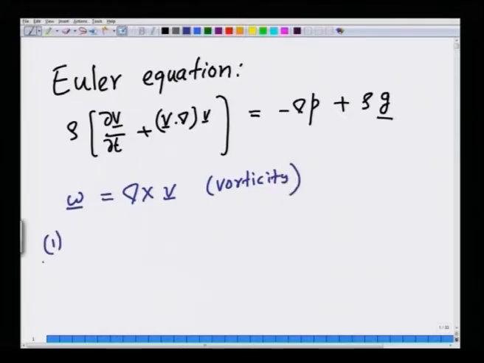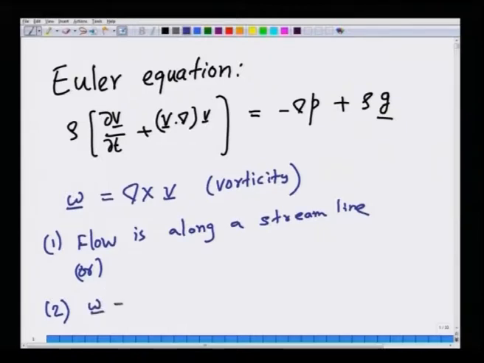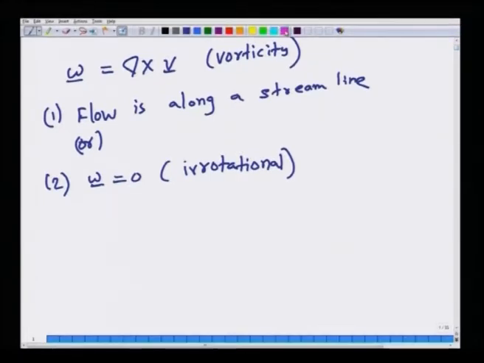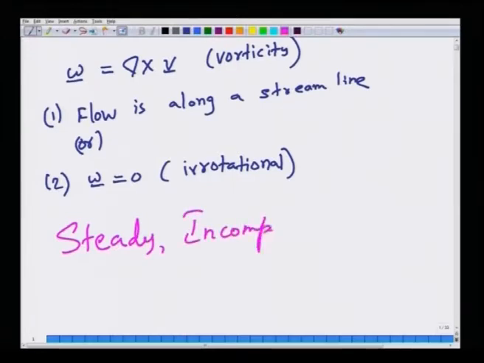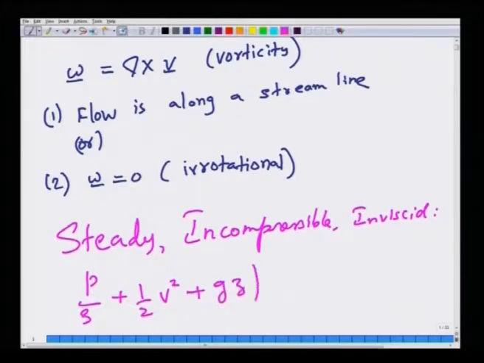Then either by assuming that the flow is along a streamline, or by another independent assumption that vorticity is 0, that is the flow is irrotational, we were able to show that the Euler equation simplifies to the Bernoulli equation for a steady, incompressible and inviscid flow, that is flow without viscous effects.